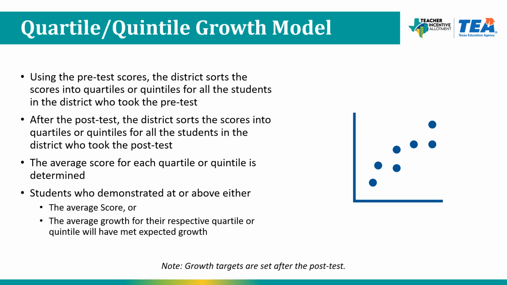Students who demonstrated at or above either the average score or the average growth for their respective quartile or quintile would have met expected growth. Note that growth targets are set after the post-test in this model, and districts should consider if they want to share growth targets with students and teachers earlier in the year for goal-setting purposes.